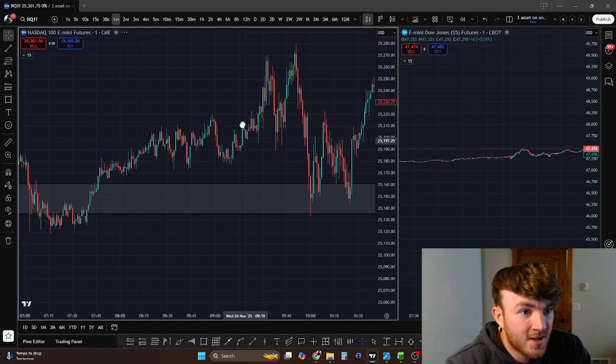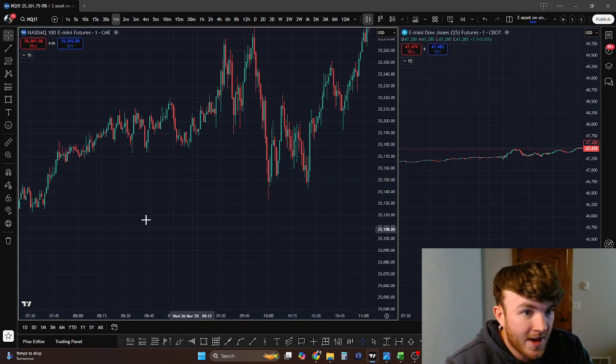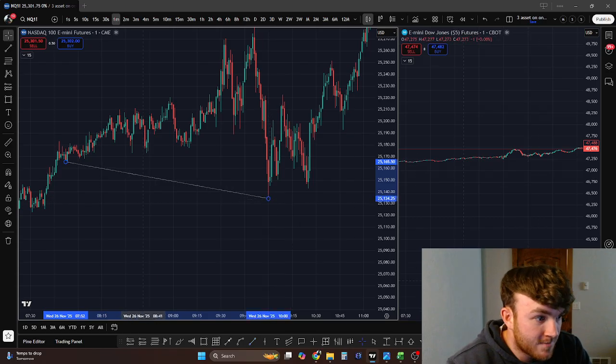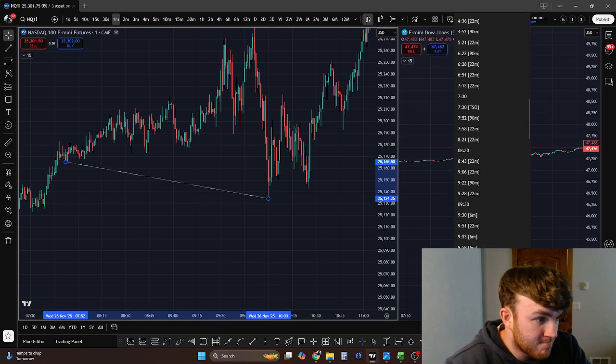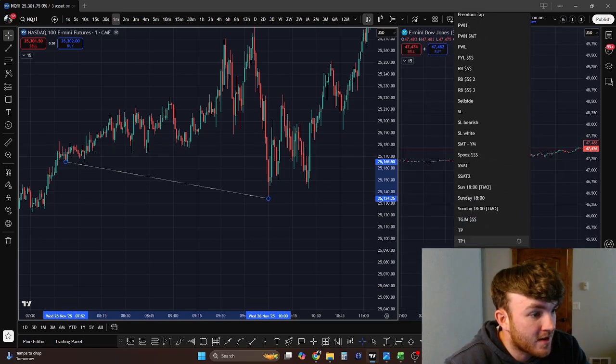So just to show you guys the Phoenix model in more detail, right? We have SMT with this low right here. So this is a partial 90-minute SMT, but I'll just mark it out as a regular SMT.